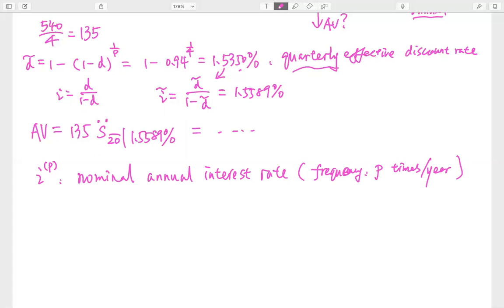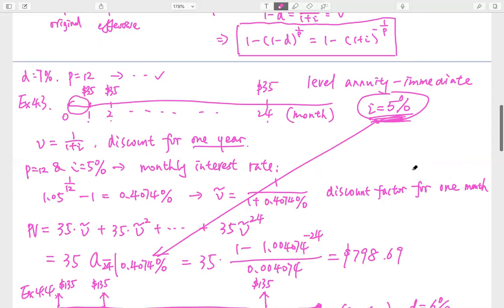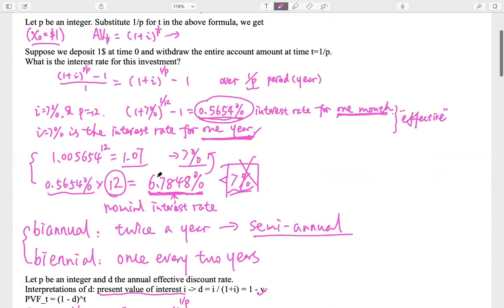Okay, by this, what I mean is the effective interest rate over 1 over p of a year is this divided by p. So in other words, this corresponds to my earlier example, what I did here.